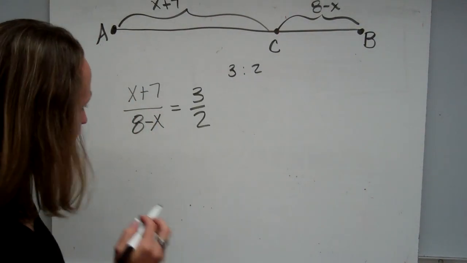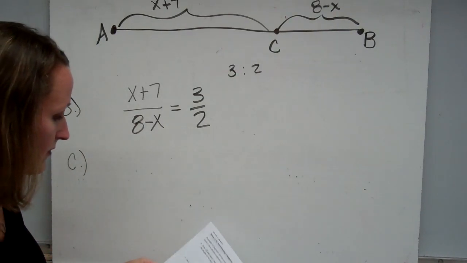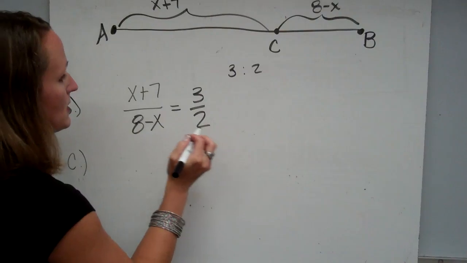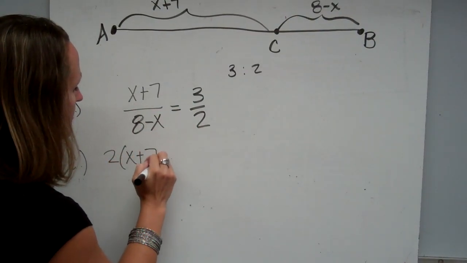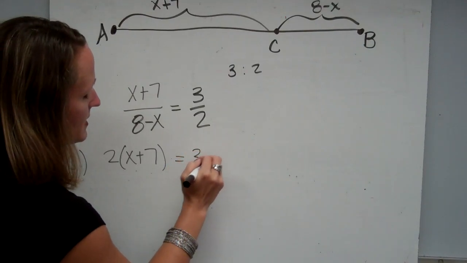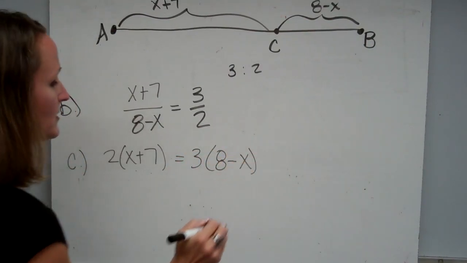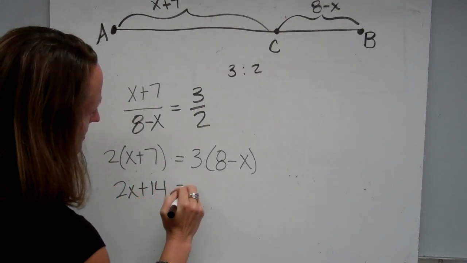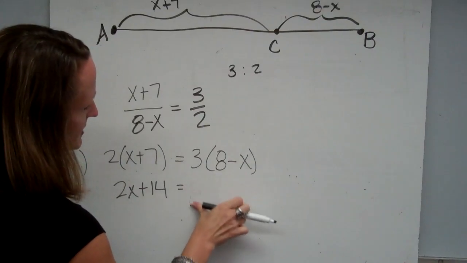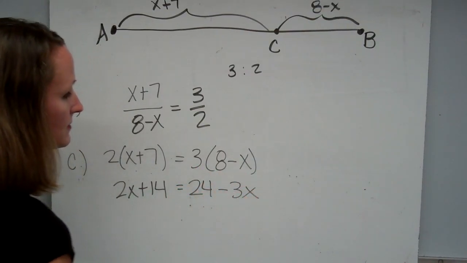Part C on your notes says solve your proportion. So we're going to cross multiply. We get 2 times X plus 7 is equal to 3 times 8 minus X. So now we get 2X plus 14 equals 3 times 8, 24 minus 3X.